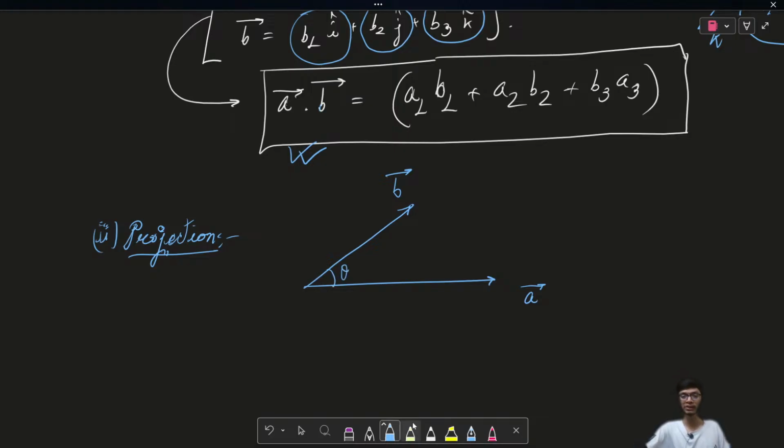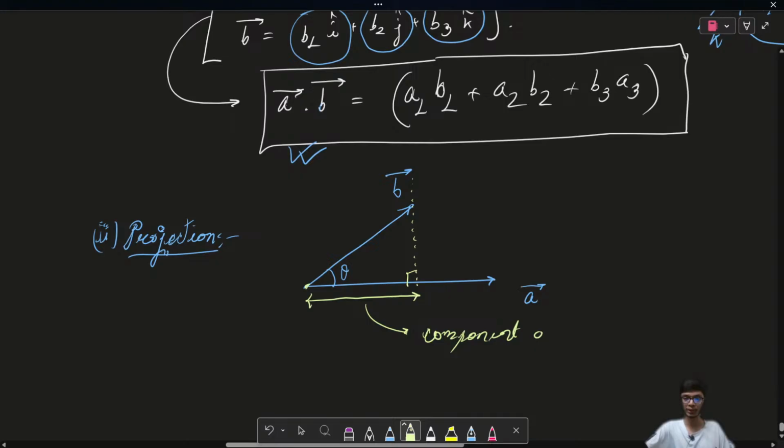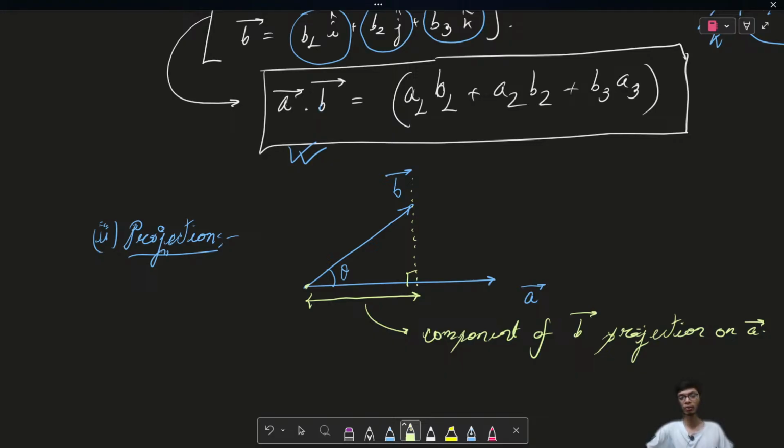So what if I project this particular vector on the a vector and I want to find the length? If this vector is projected on the a vector, this is where the projection will lie, and this particular length will denote the component of b vector's projection on the a vector.